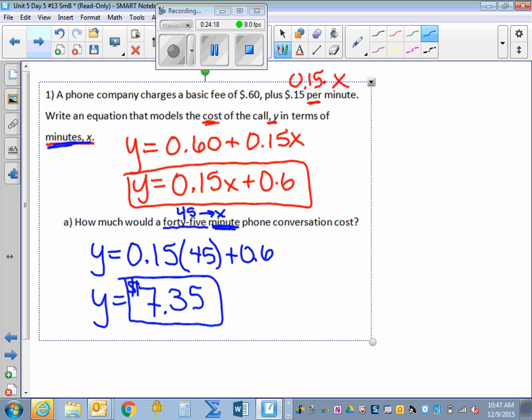Because we want to write it in the proper format. For one rate, it's y equals mx plus b, so x comes first. How do you know which one is x? Because they told us it's 15 cents per minute, and they said minutes are x. Okay, so let's take a look at number 2.